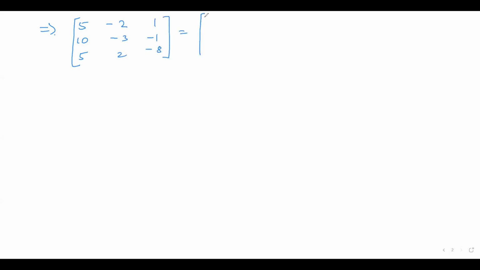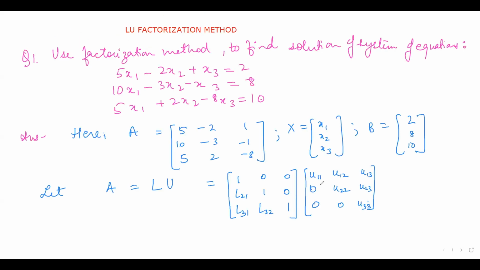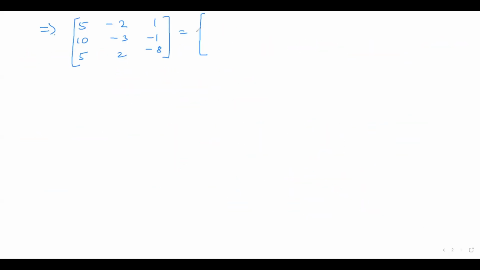When you multiply these two matrices, I'll get U11, L21 U11, L31 U11, U12, L21 U12 plus U22, L31 U12 plus L32 U22.